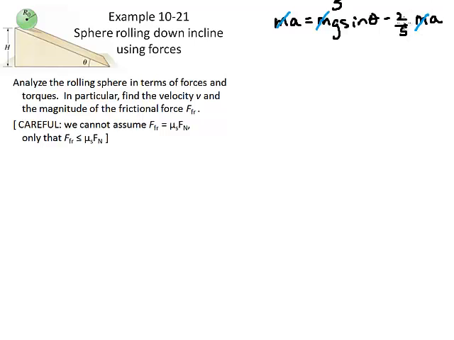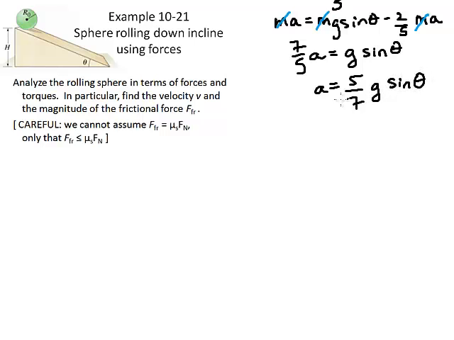And I can bring this 2/5 a to the other side, so I actually get 7/5 a is equal to g sine theta. And when I solve for acceleration, I get 5/7 g sine theta. And that's the translational acceleration of this sphere rolling down the ramp.